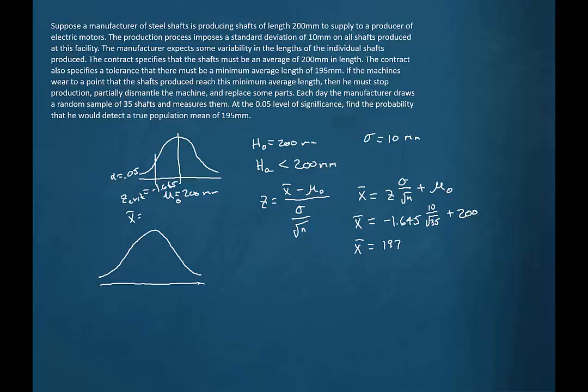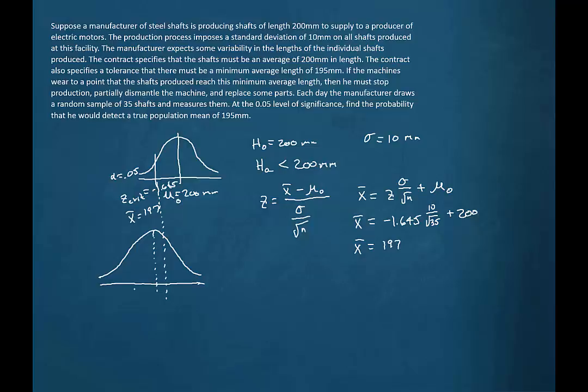Now, this value corresponds to a sample mean of 197 millimeters, which is to the right of 195 millimeters. So if this then is the actual population mean, then this is what our distribution would look like.